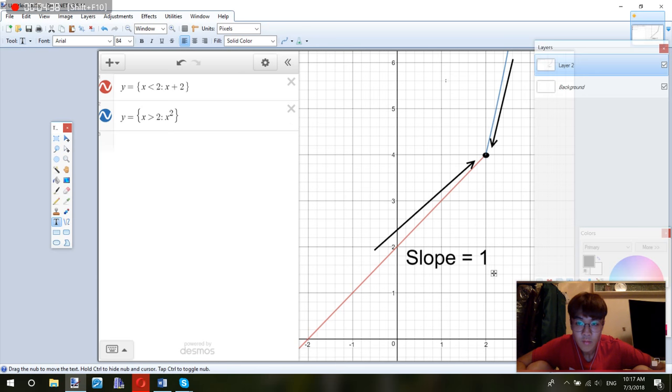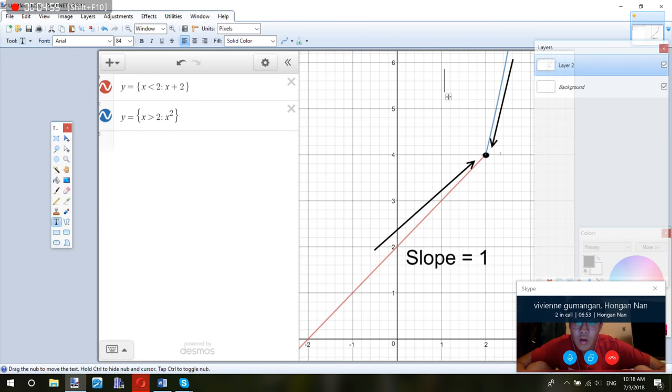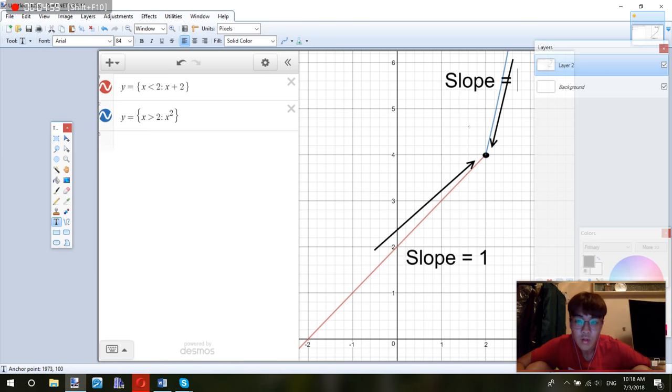Okay, what about this blue line, x squared? So this blue line, it doesn't quite look curved, but this is y equals x squared. So at the point x equals 2, what would the slope be?